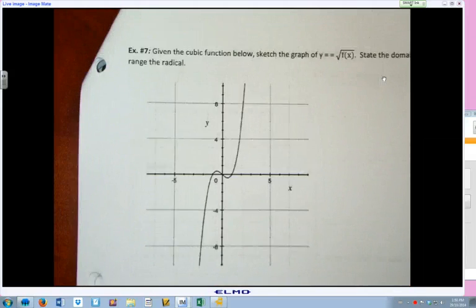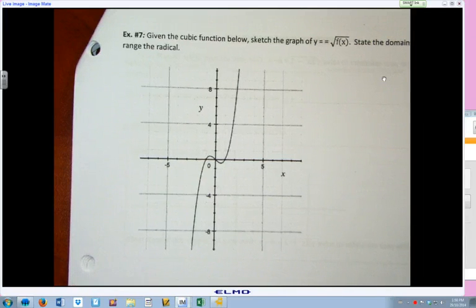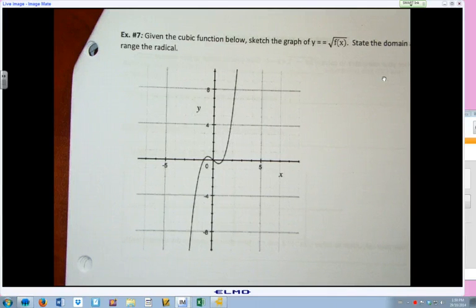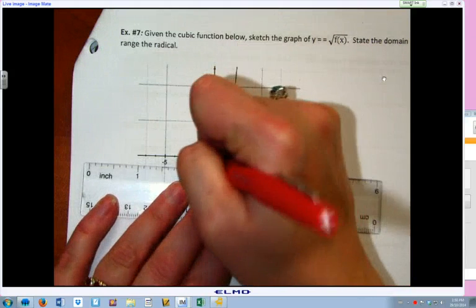Cubic. Step one. Invariant points. So go to where the x-axis is.